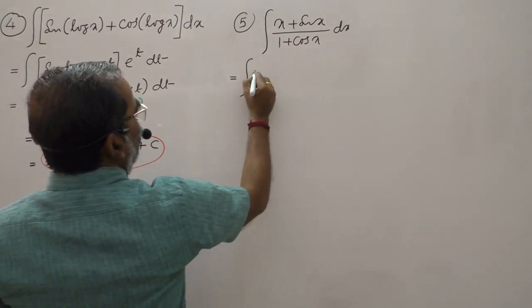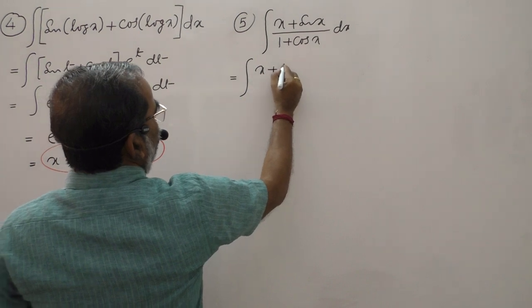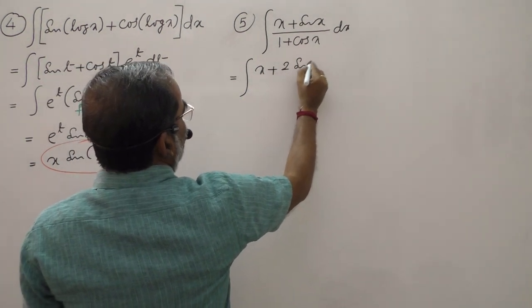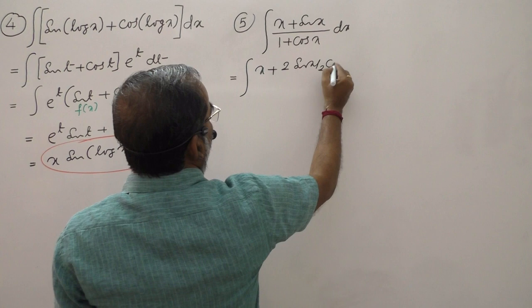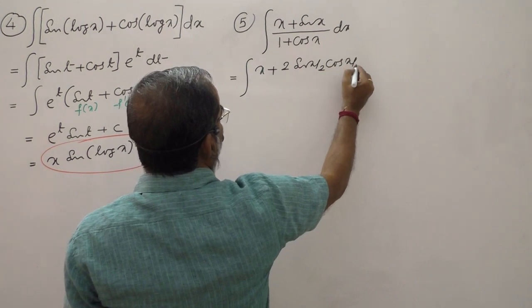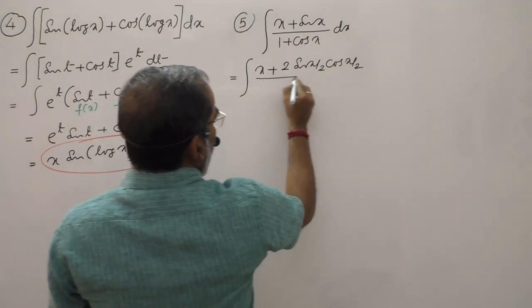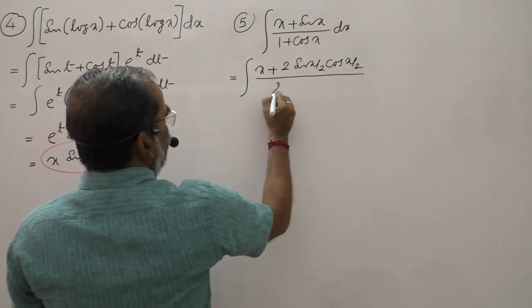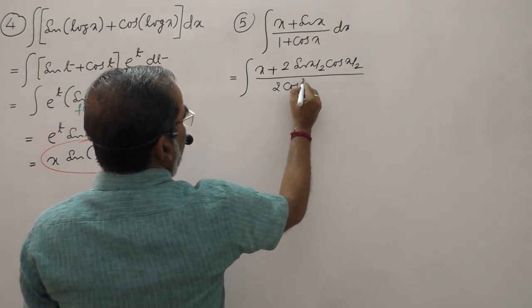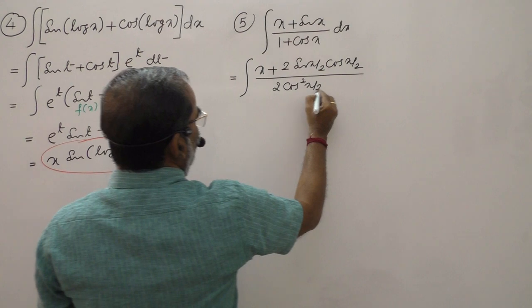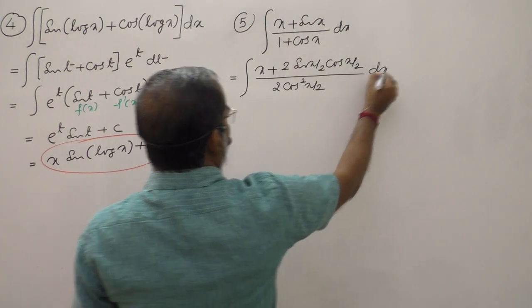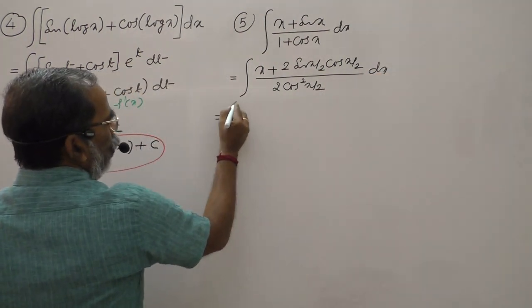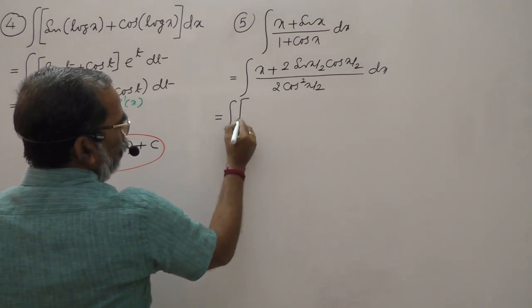Let us simplify. x plus, I will write sin x as 2 sin x/2 cos x/2, and I will write 1 plus cos x as 2 cos square x/2, into dx. Okay, now I will divide separately.